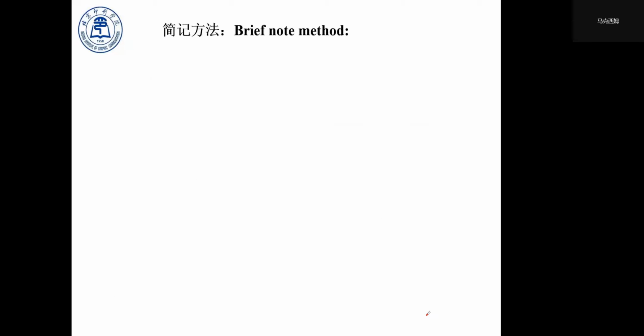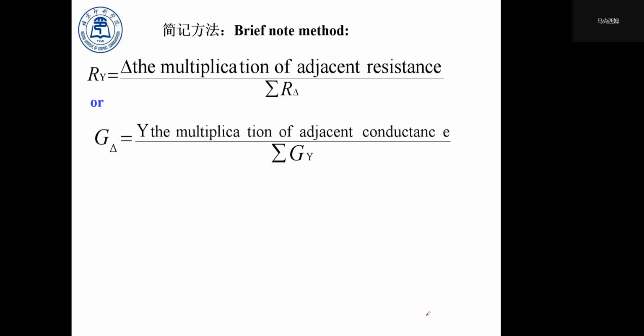So we have a brief note method to remember that. The resistance in Y equals the multiplication of adjacent resistances over the sum of R delta. Or we can say that the conductance in the delta-shaped network equals the multiplication of adjacent conductances in the Y-shaped network over the sum of the conductances in the Y-shaped network.